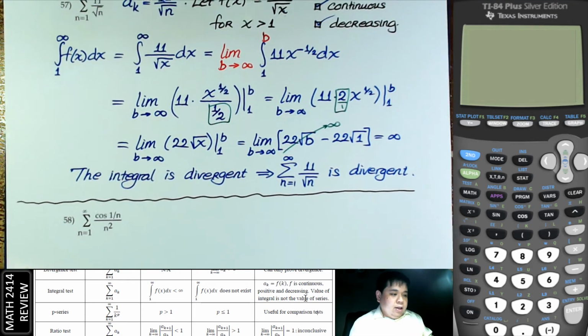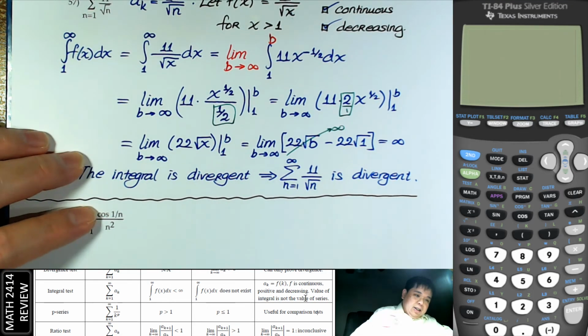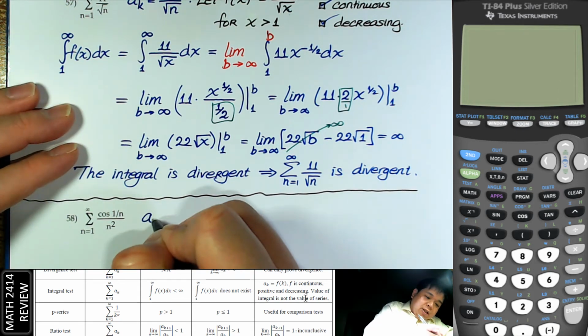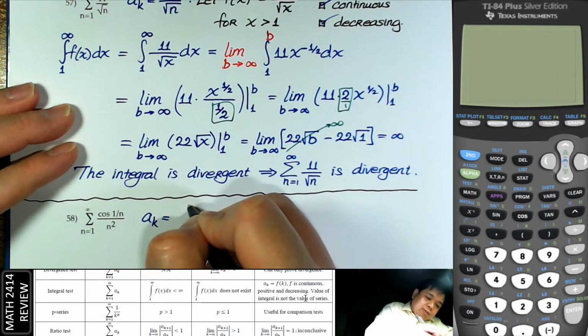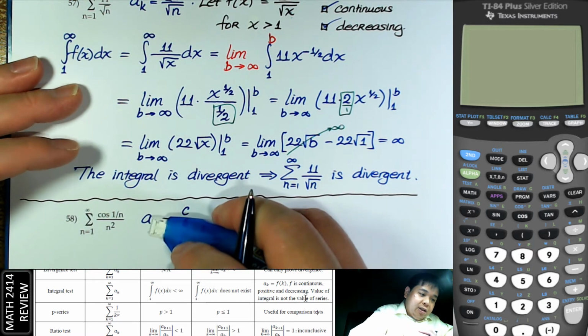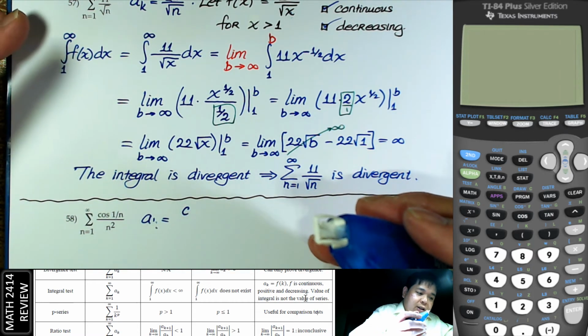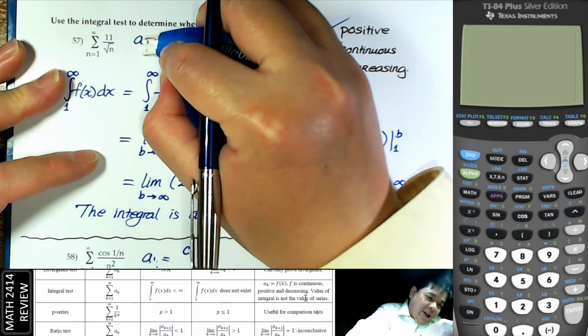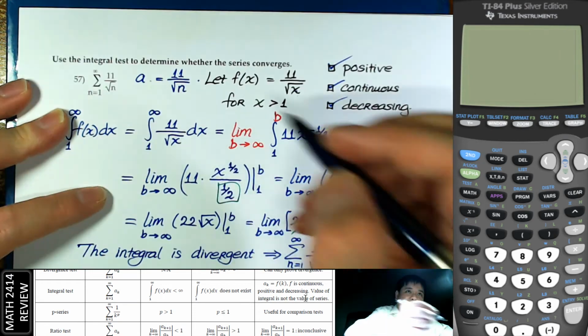Right. Now we look at this one. The term of the sequence, I'll use n in this case. Okay, it should be n, right? Sorry.